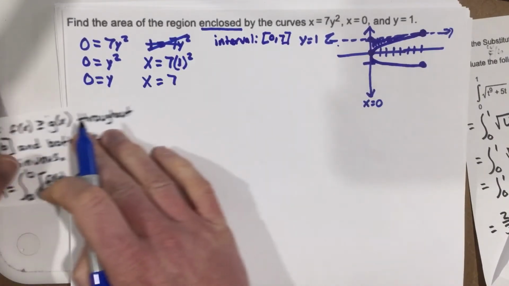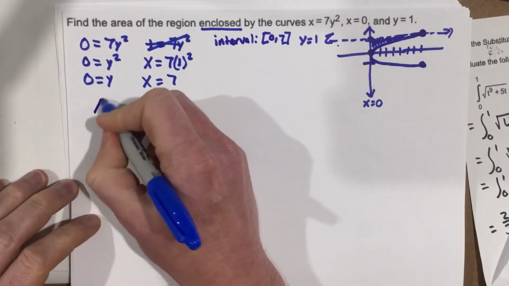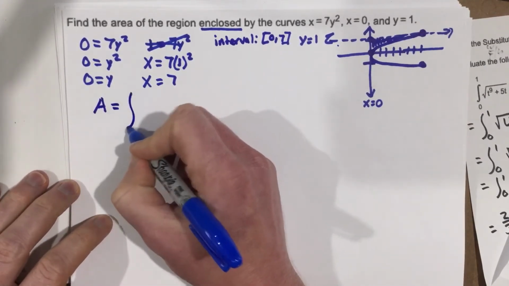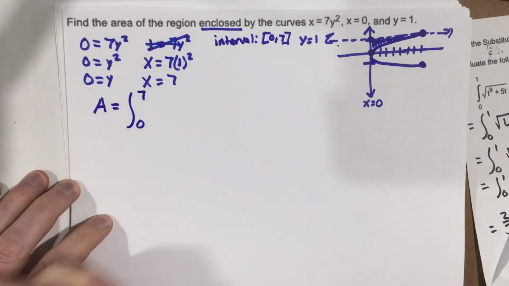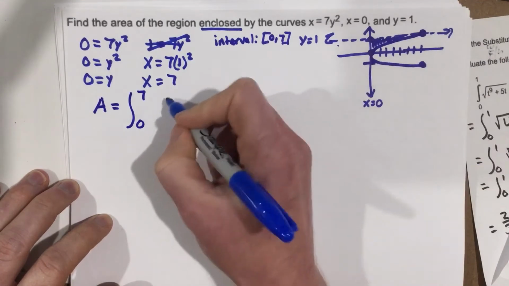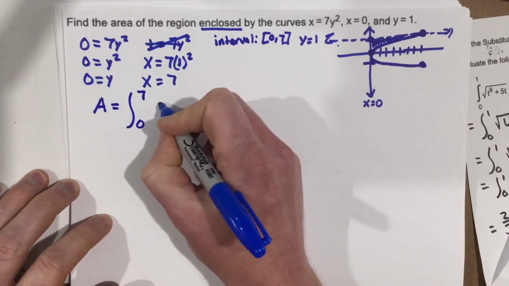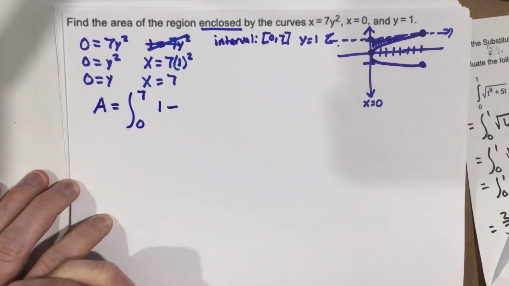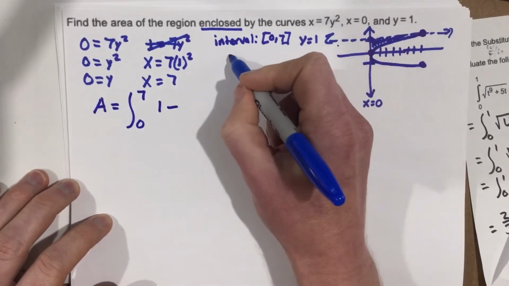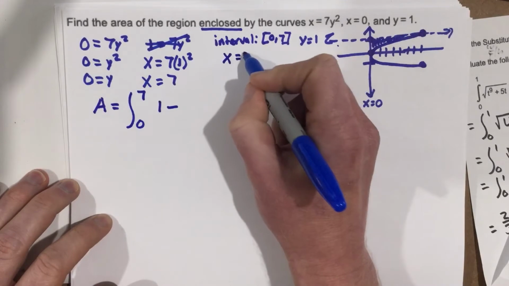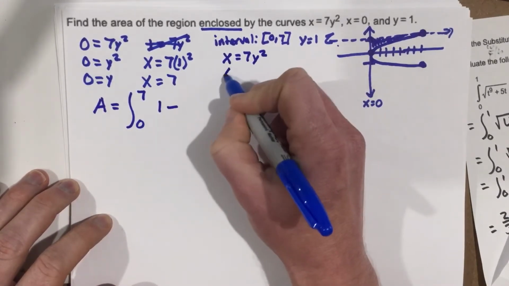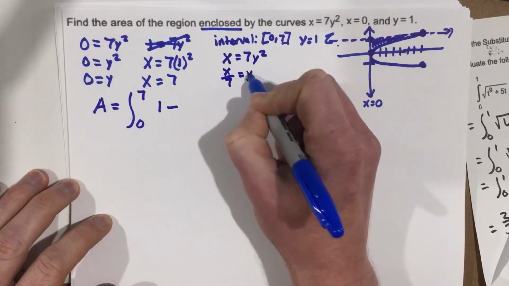So we're going to say that the area is going to equal the integral from 0 to 7. It says y equals 1, so that's 1 minus, and I'm going to solve this for y. So x equals 7y squared. I'm going to divide by 7, so x over 7 equals y squared.